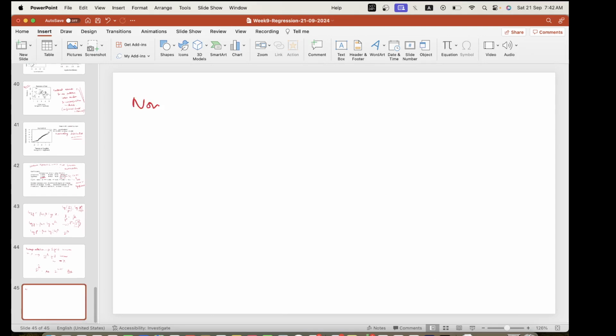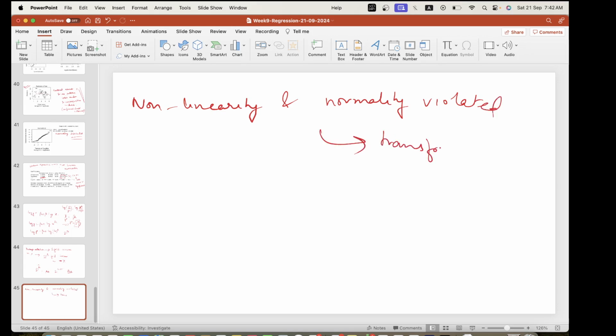Whenever we find that the homoscedasticity assumption and normality assumption are violated, usually we will transform y.